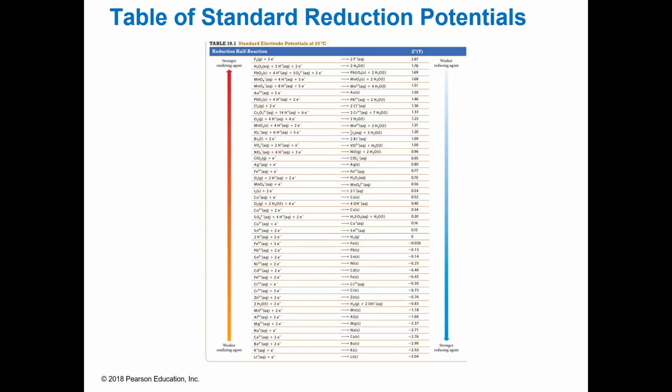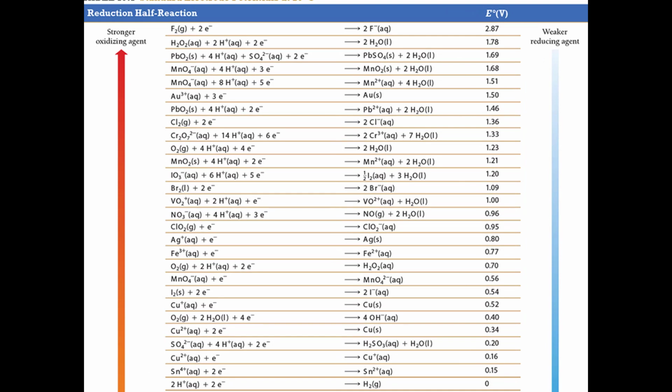All right, so let me show you how this works. So here is the table, and it's pretty small. Let's see if I can make that larger. There's copper 2 positive right here.